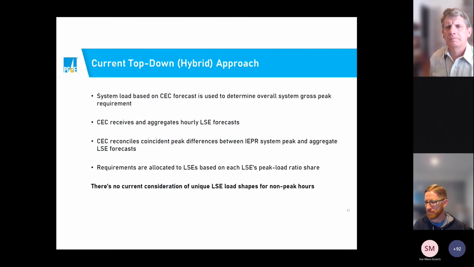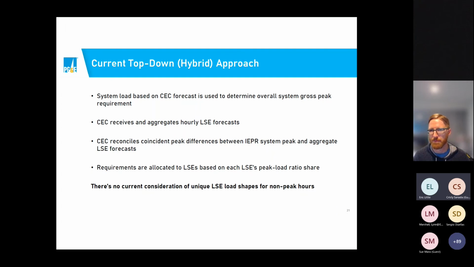Eric? Sorry, Eric Wilcox, CCA. I think that you just answered it. So effectively what we're doing here is it's individual load curves, and it's really individual LSC renewable resources netting off of that. So it's not really a top-down almost in any way.